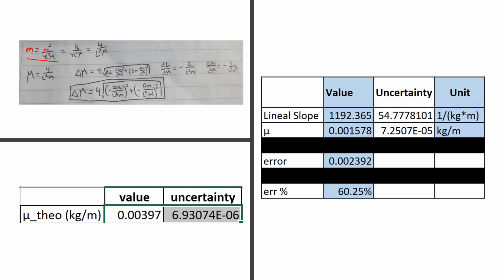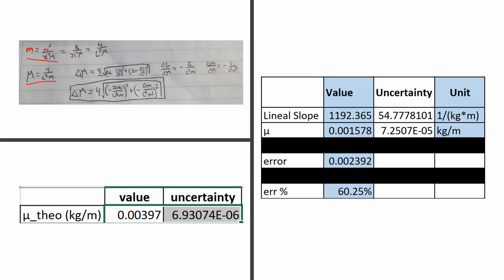So it can be replaced here by 4 squared, which is 16, which cancels this 4 down here, and we get 4 over the length squared times the linear density. So this tells us that linear density is equal to 4 over the length squared times the slope. And we can get this uncertainty using the same formula as we used before, which is the uncertainties times its derivative squared. And we actually can get the 4 outside of this square root, as it's a constant.